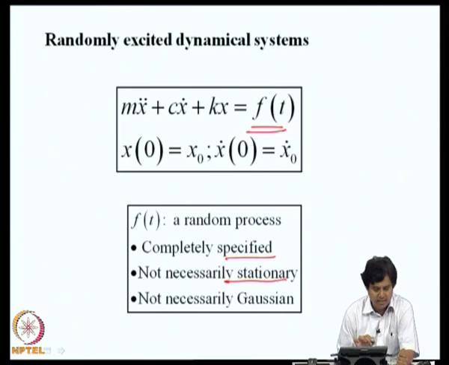It is not necessarily stationary, it is not necessarily Gaussian. In due course we will be limiting our attention to stationary Gaussian random processes, in which case the complete specification is the mean and covariance. But right now, while formulating the problem, there are no such restrictions.